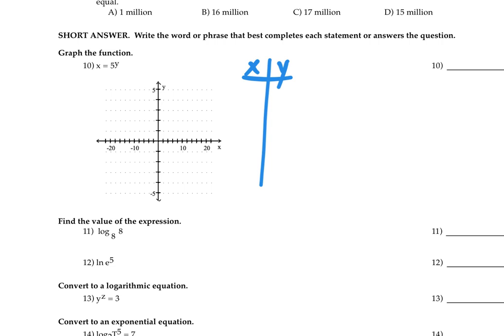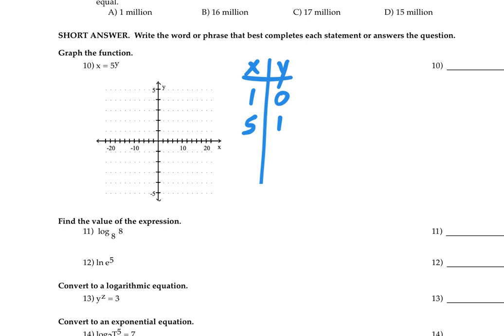In this case, I could plug a number in for y and find x, because we're trying to figure out what x is, because we have an inverse equation here. So if I said 5 raised to the 0 power, that would be 1. 5 raised to the first power would be 5. So there would be 2 points that would be on this graph.